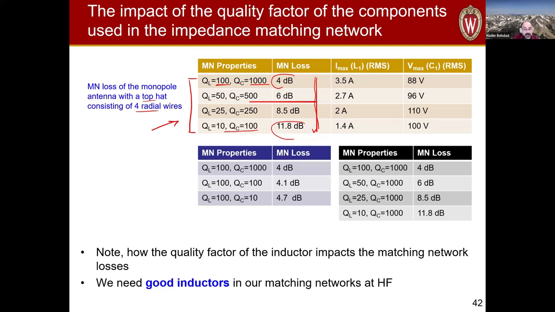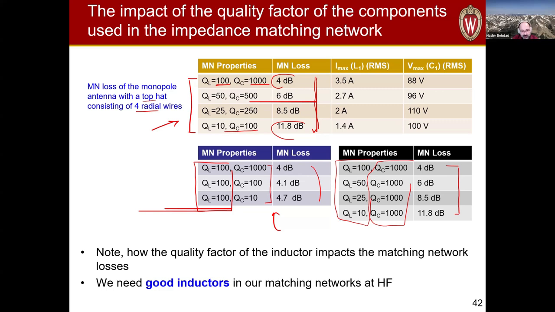Of these components, it turns out that your inductors are actually really important, because we tend to use pretty large inductors at these HF frequencies, and our capacitors are not as large. For example, in this table, if we keep the quality factor of our inductors fixed at 100 and reduce the quality factor of our capacitors from 1,000 to 10, our matching network losses go up by about 0.7 of a dB. But if I keep the quality factor of the capacitors fixed at 1,000 and reduce the quality factor of my inductors from 100 to 10, notice that I go from 4 dB to about 11.8 dB or so.